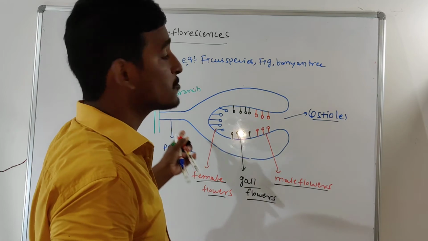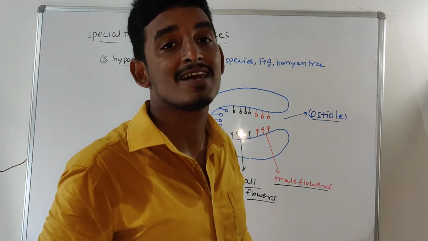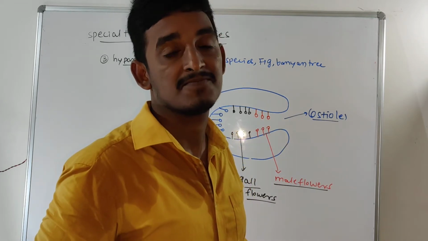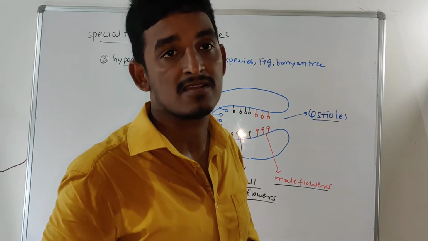Here the hypanthodium inflorescence shows a symbiotic relationship with the blastophaga insect. What is a symbiotic relationship? Helpful for each other, right?